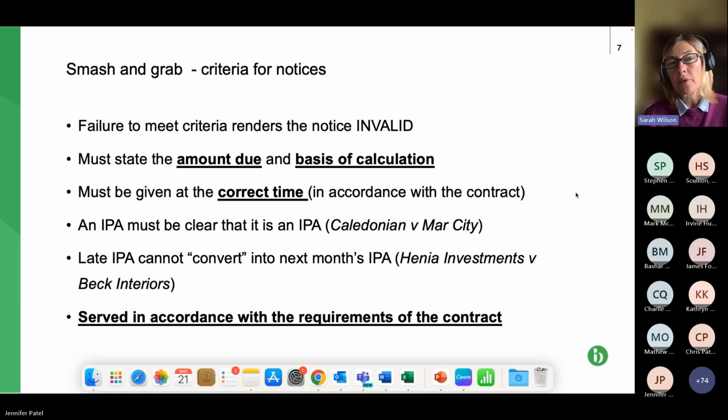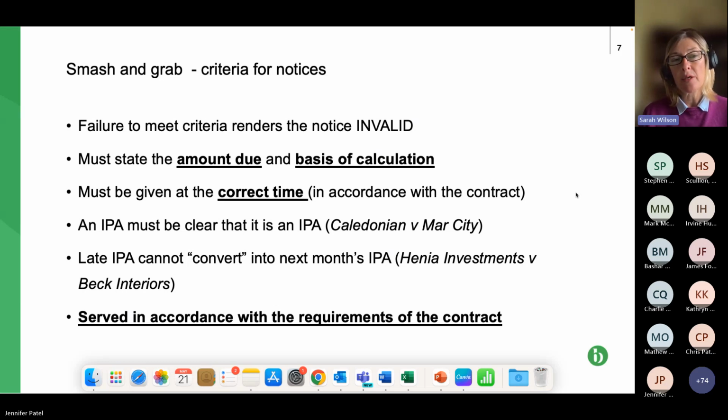In this case, the court said if your IPA is submitted late, so we've already seen it's got to be submitted within the correct timescales. If it's submitted late for this month, so say it should be submitted by, I don't know, the 26th of May, it's submitted on the 27th, it's not valid because it's not within the correct timescales. In this case, they tried to argue, therefore, that it slipped into the June application.